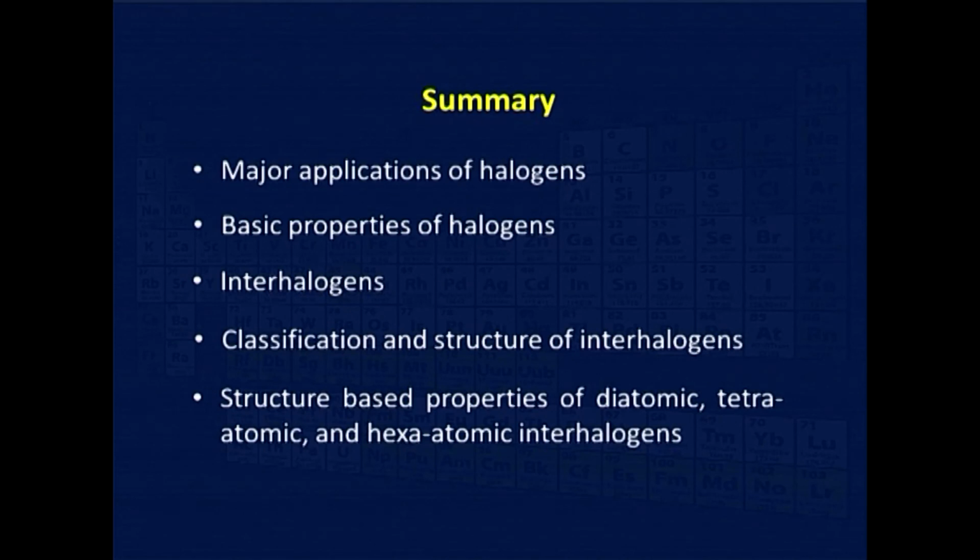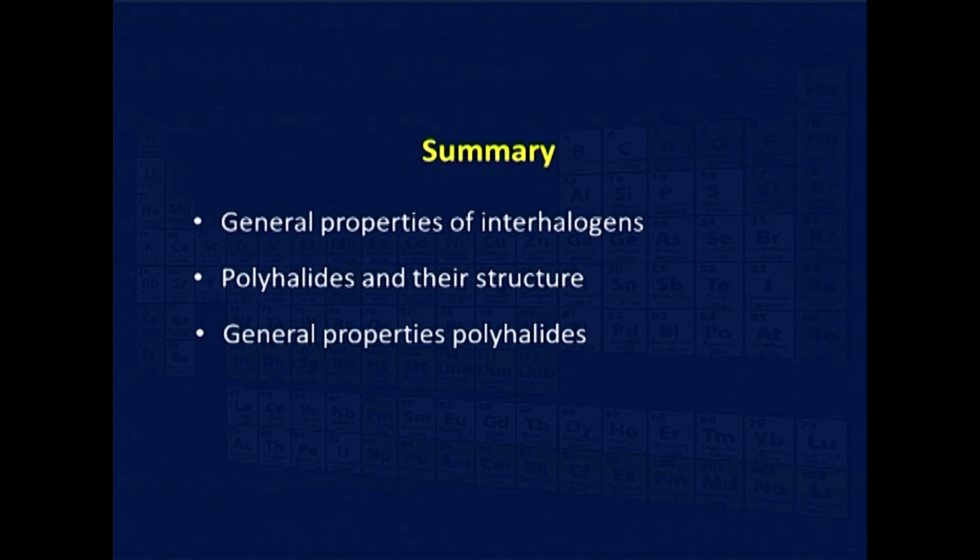The structure-based properties of diatomic AX type, tetraatomic AX3 type and hexaatomic interhalogens were also discussed. The general properties of interhalogens were presented. The polyhalides and their structures were discussed along with their general properties in detail.